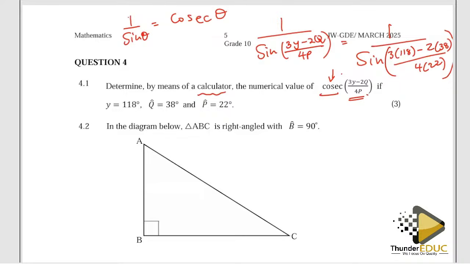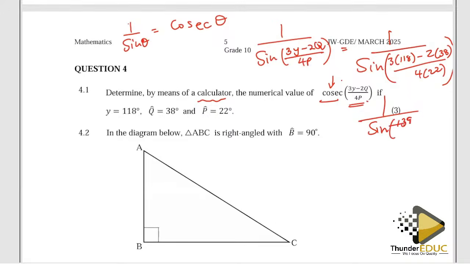That gives me 139 over 44. So 1 over the sine of 139 over 44. What do I get? Let's see. 1 over the sine of 139 over 44.